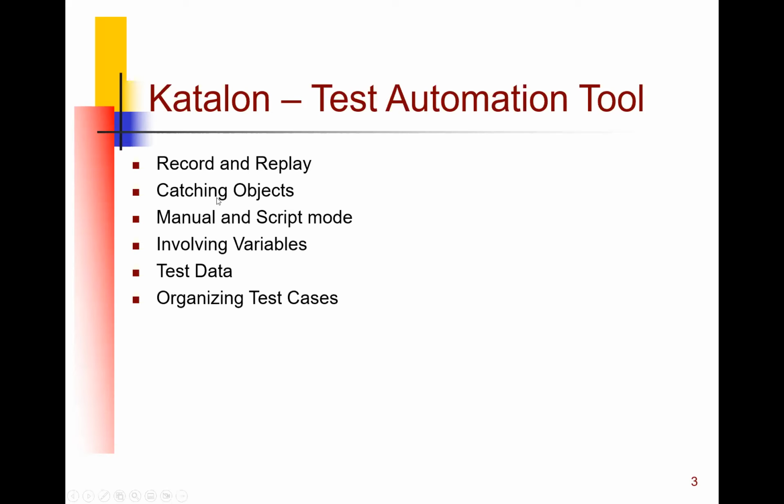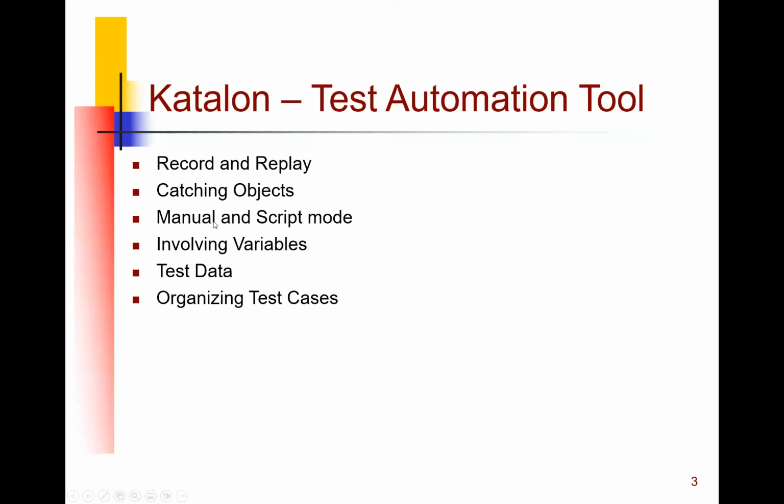First, we can record the steps, and replay, to see that you can repeat what we recorded. And then we try to catch the objects in the website so that later on we can do the coding. And then there are two modes.